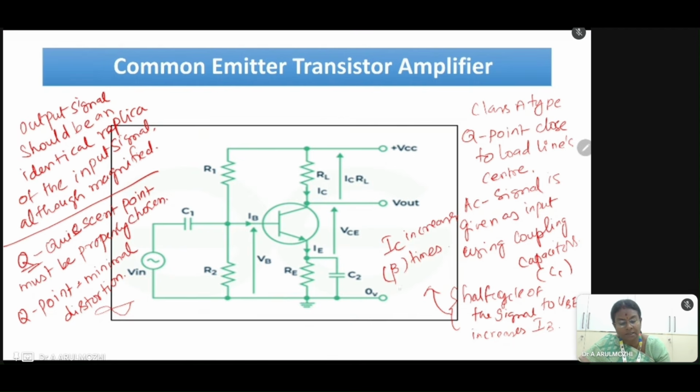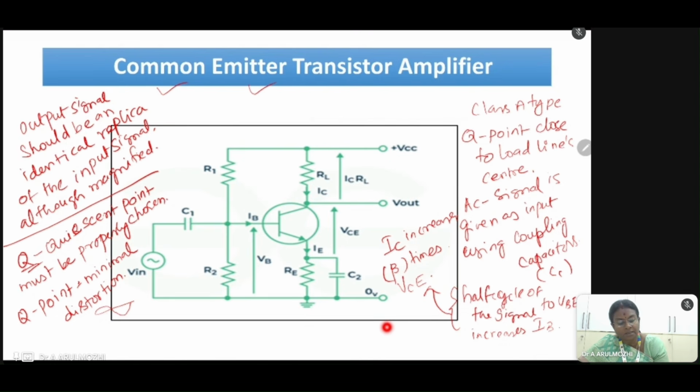Thus this common emitter amplifier produces an amplified output with a phase reversal.